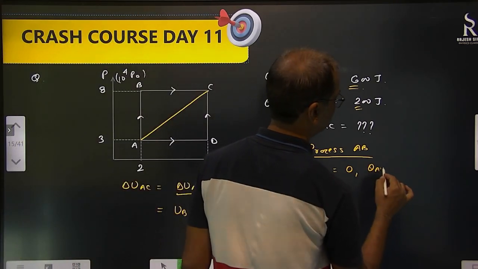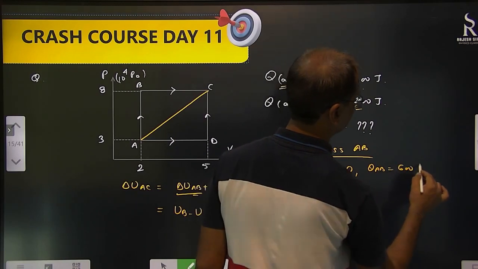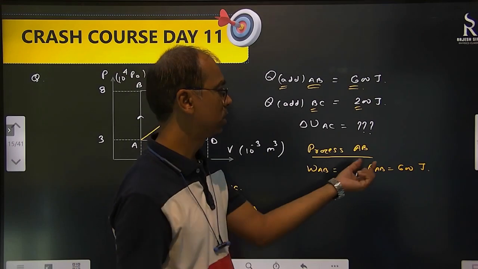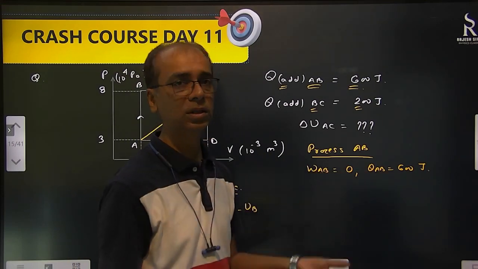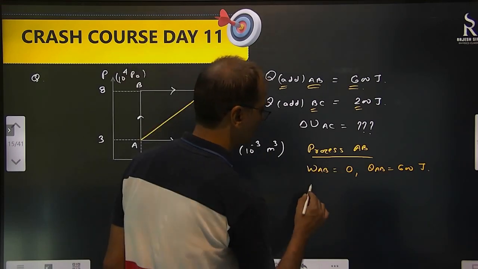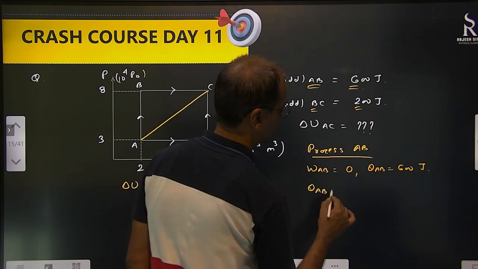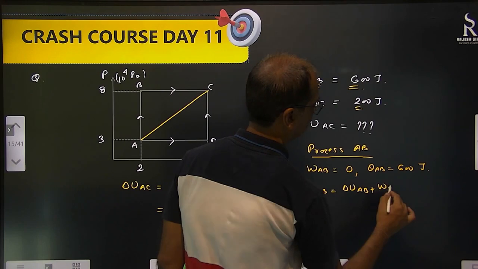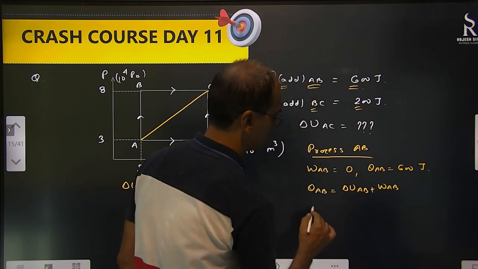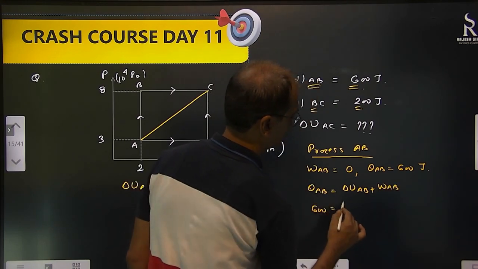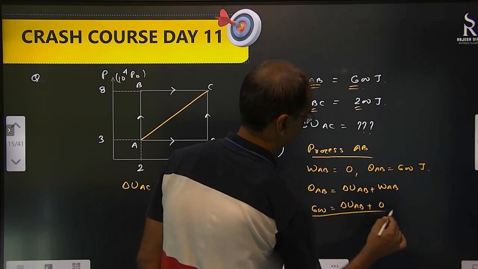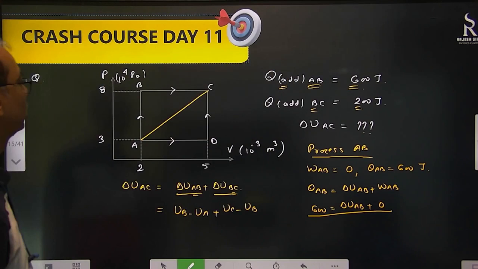First law of thermodynamics says QAB equals delta UAB plus WAB. This is 600, so delta UAB is also 600, because WAB is 0. So we got delta UAB.